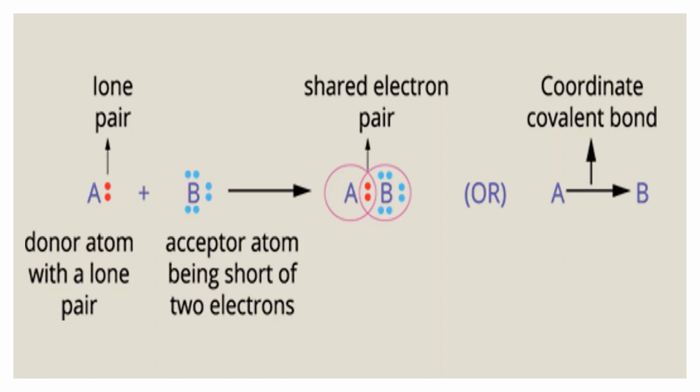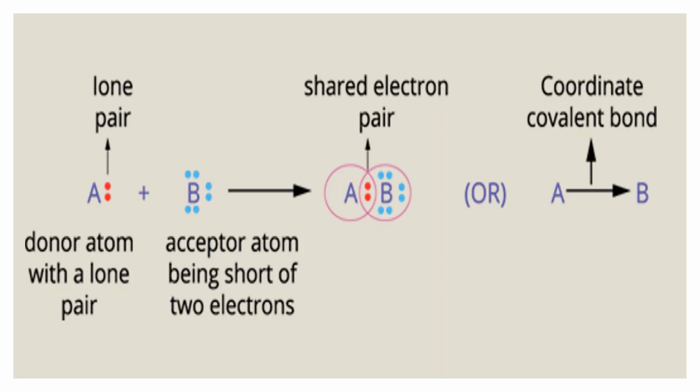When A and B approach each other, only A donates lone pair for bonding. Then that pair of electrons is shared between A and B. So here A only donates electrons, then A and B share equally that pair of electrons.